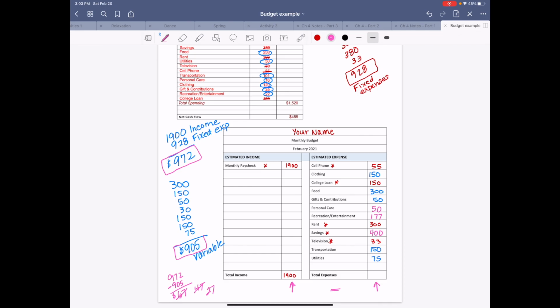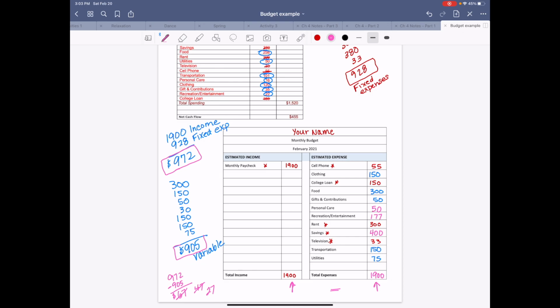Now when I add up all of the numbers in my expenses, I will come up with, gotta get the pen back, $1,900. And that is our goal, is to make a budget and split up our income with different expenses.